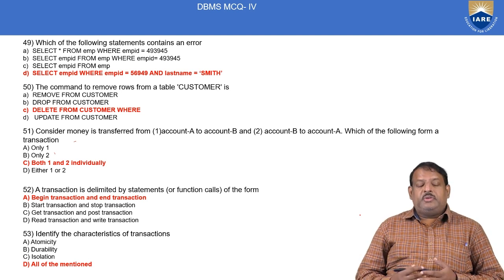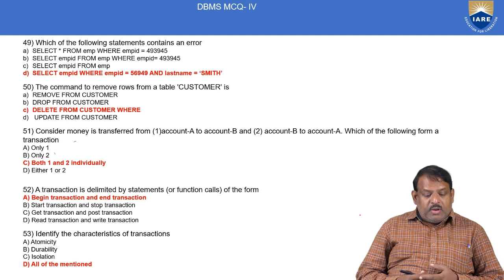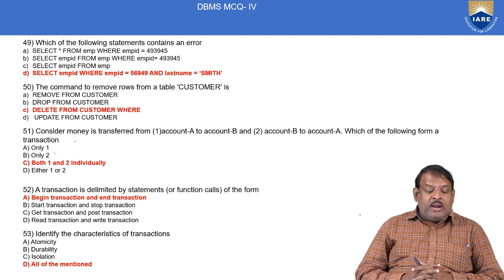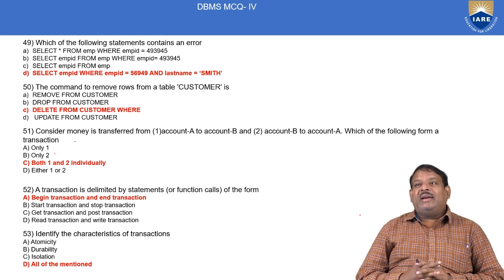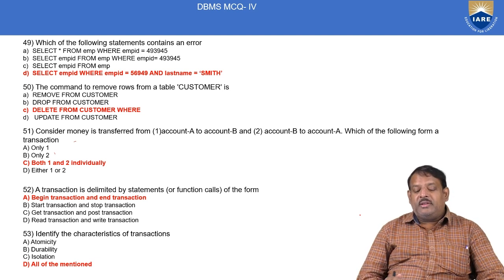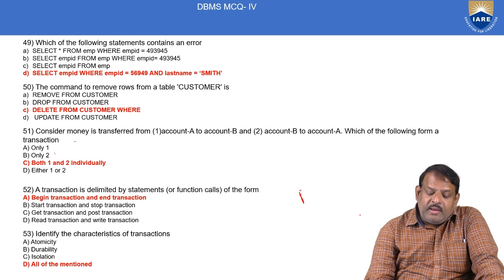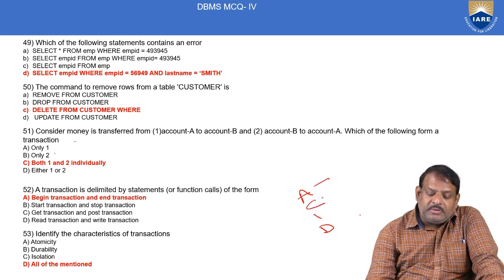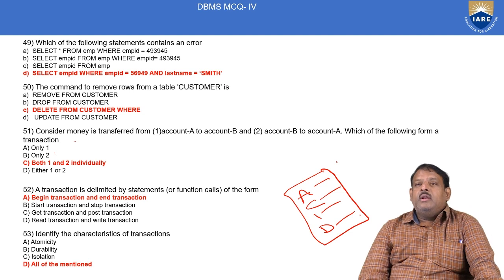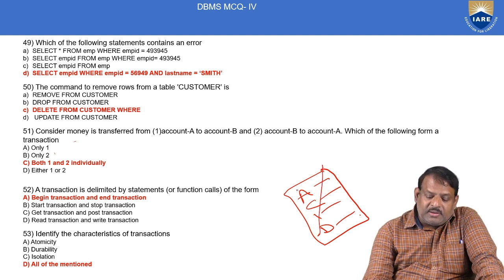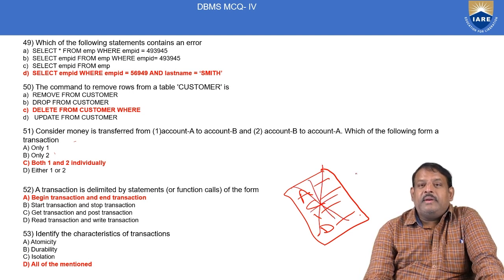Next, question 52. Identify the characteristics of a transaction. It has to satisfy the ACID properties. What is ACID? It has to satisfy atomicity, consistency, isolation, and durability. If your sequence of steps satisfies all these conditions, then it is a transaction.